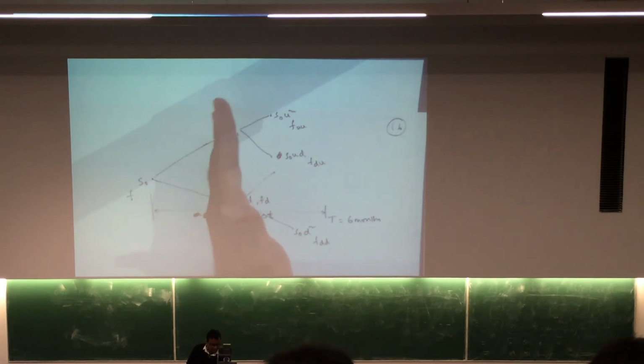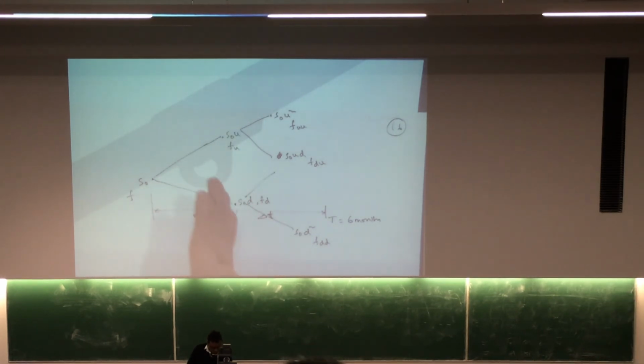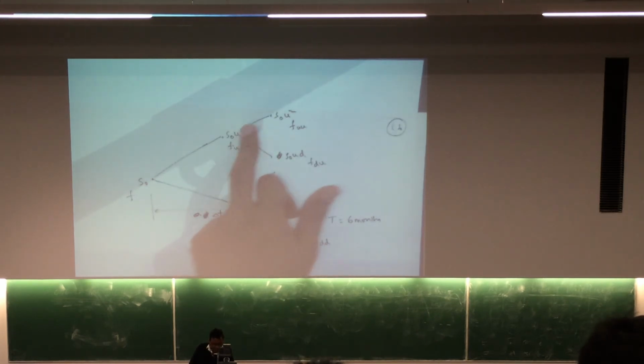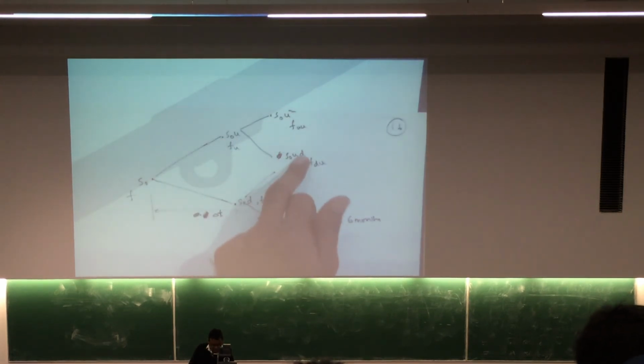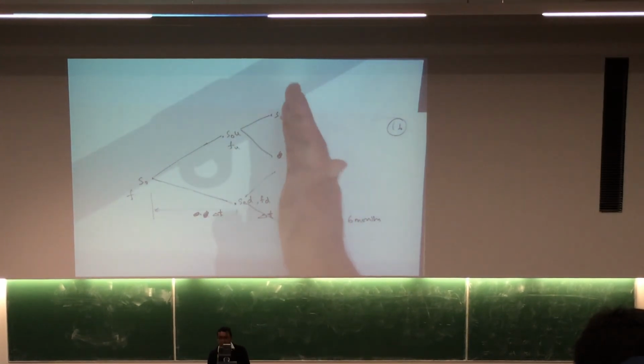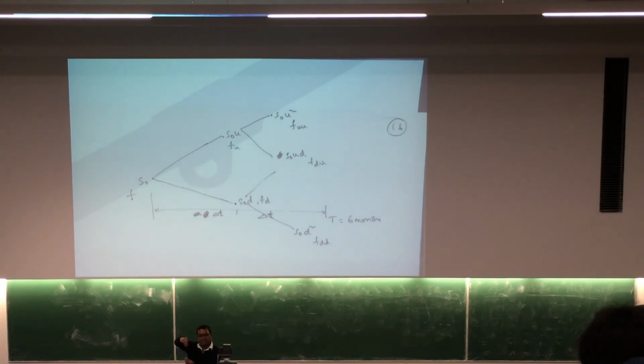I have only 2 situations here. The first situation is that the stock price might move up to S naught U, or that might move to S naught D. In the next case, from here 1 step up, 1 step down. From here 1 step up, 1 step down. So in the end, I might see 3 possible stock prices for the given underlying.